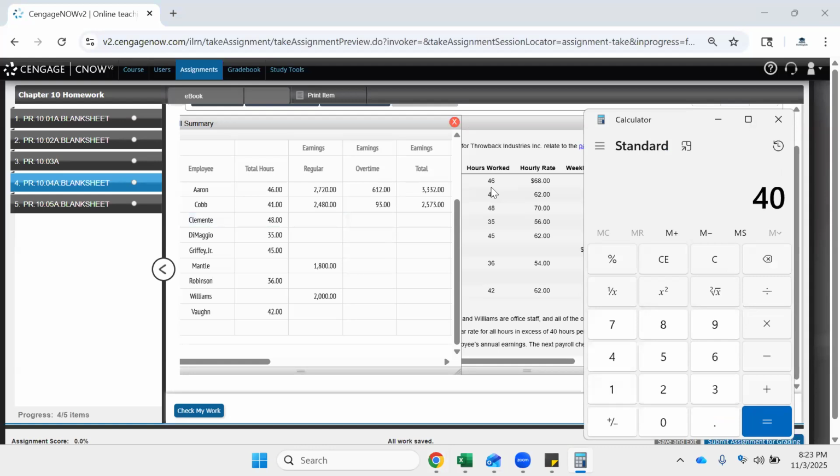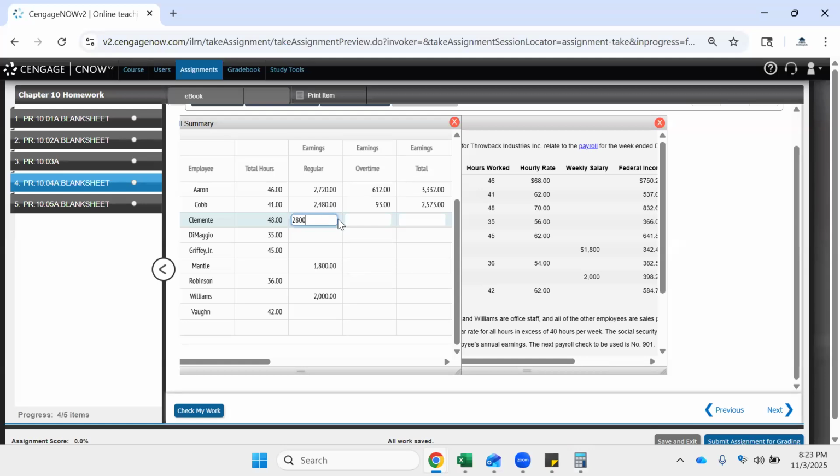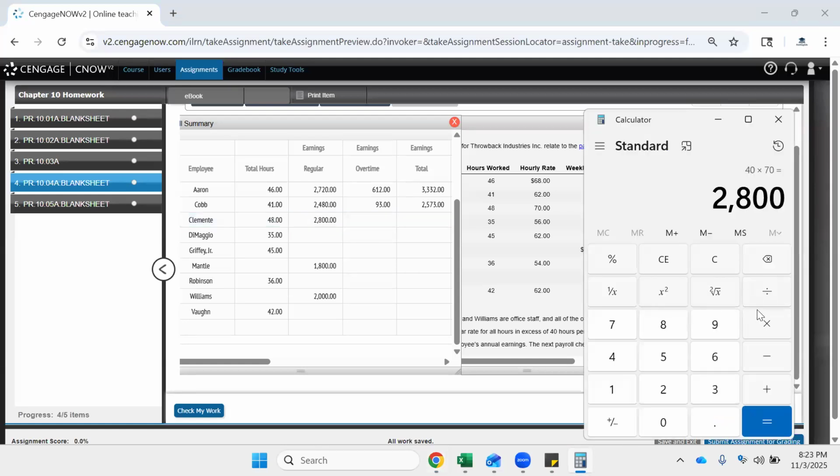And for Clementa, we take 40 hours times $70 an hour, 2,800. Then we get 8 times 1.5 times 70, 840.